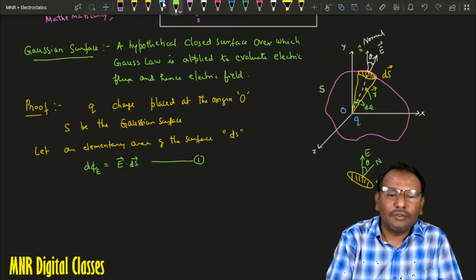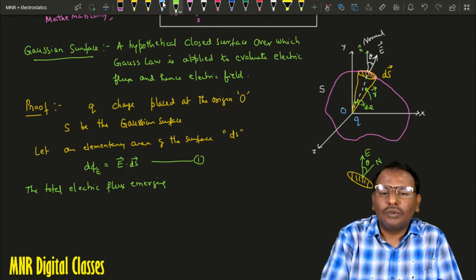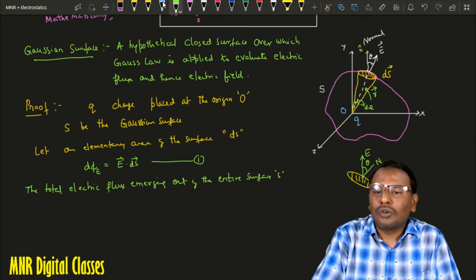Now we can write, therefore, the total electric flux emerging out of the entire surface.